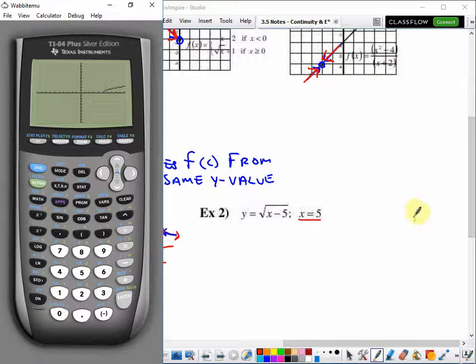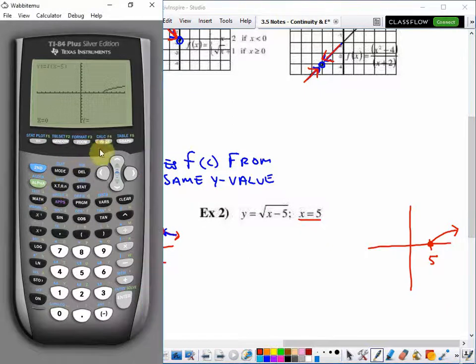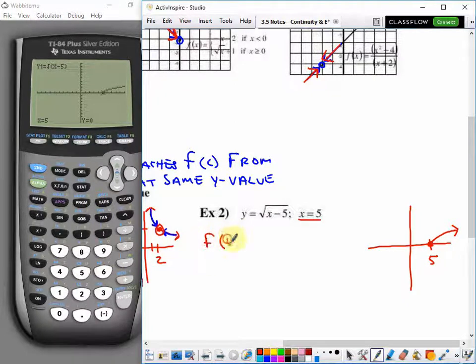I'll draw a rough sketch of it over here. The x-intercept is 5, and it looks about like that. So if I trace the x value of 5, I get an output of 0. That's a real number, so f of 5 exists. It passes the first test.